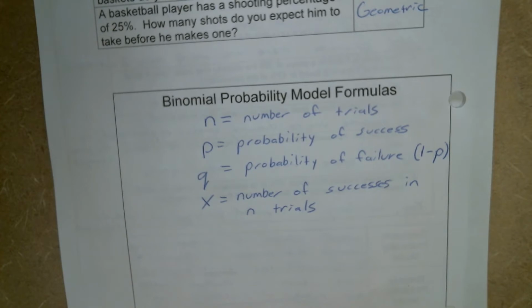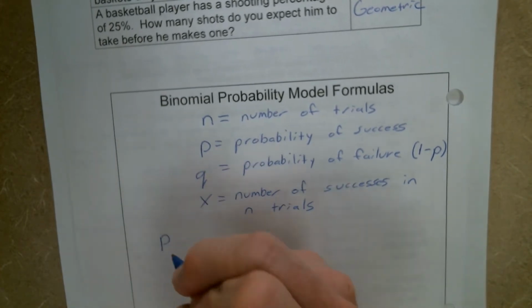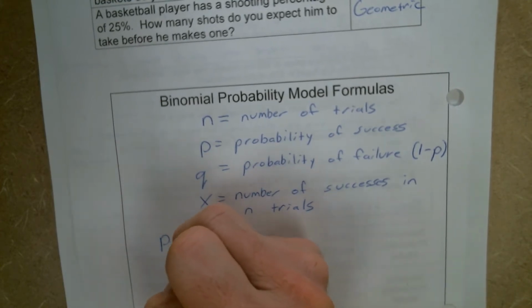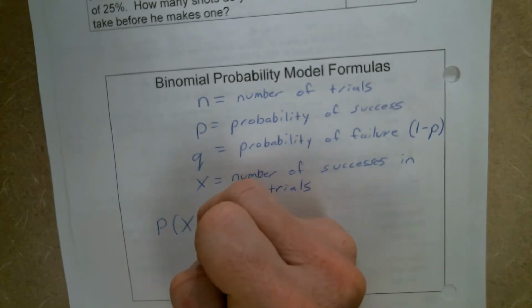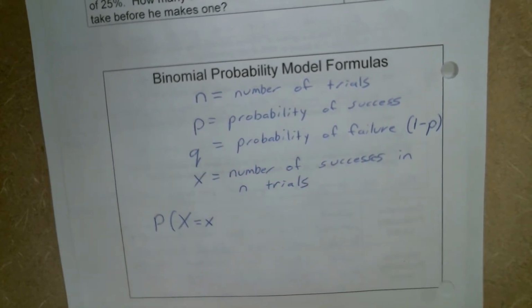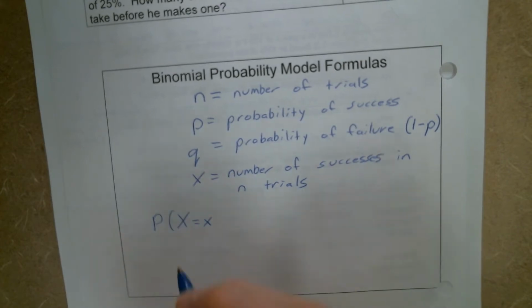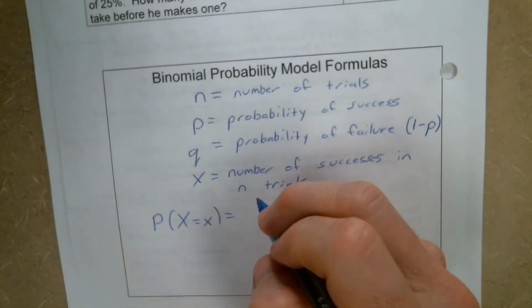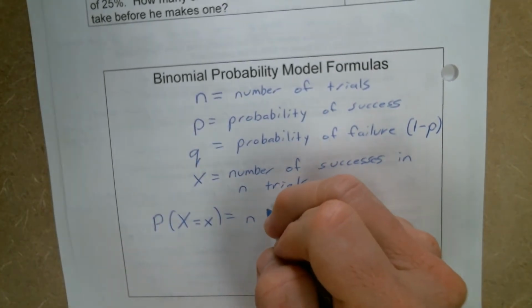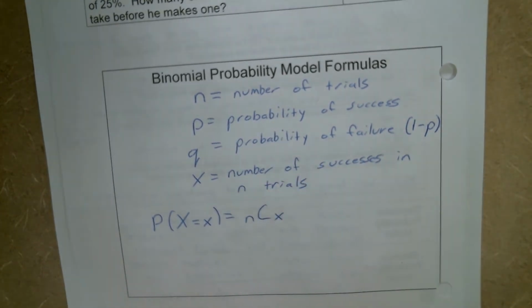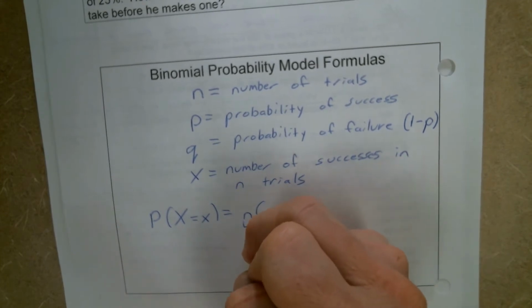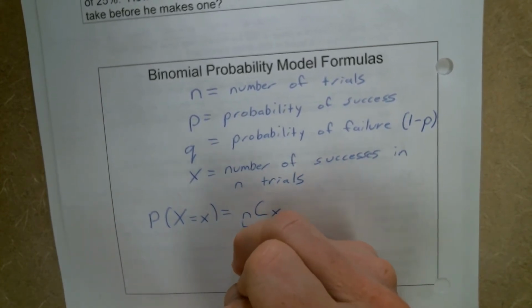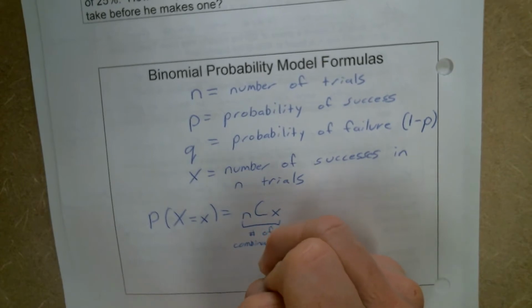All right. So the formula that we're going to use is the probability that your random variable X has some number of successes, so 3 successes, 4 successes, 5 successes, is equal to N choose X, which is combinations. This is basically the number of combinations. So what does that mean?